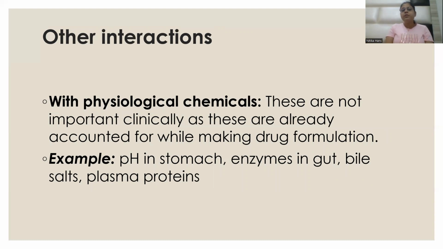Alpha-1 acid glycoprotein combines with the basic drugs, so it decreases the levels of basic drugs in the body, leading to decreased effect. And albumin binds to acidic drugs, so less acidic drug is available in the body as the free unbound drug.